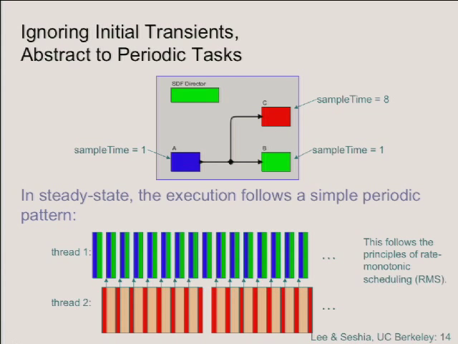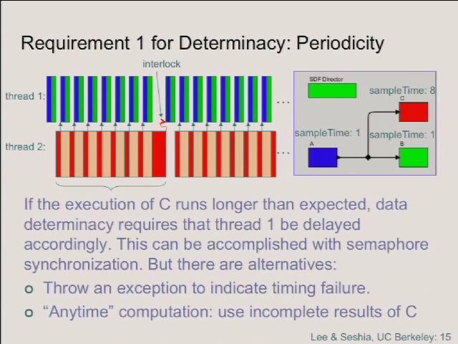So in particular, if the red block happens to execute longer than expected, you should delay the execution of these guys, or should you? Depends on what green is doing, yeah, but notice that red is not producing any data that is used by green or blue, right?